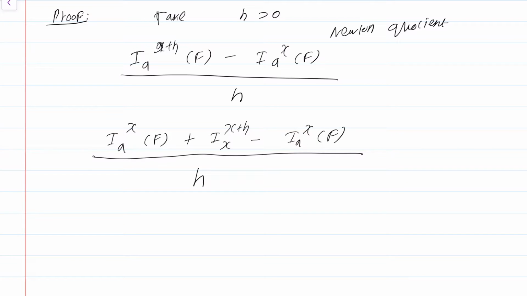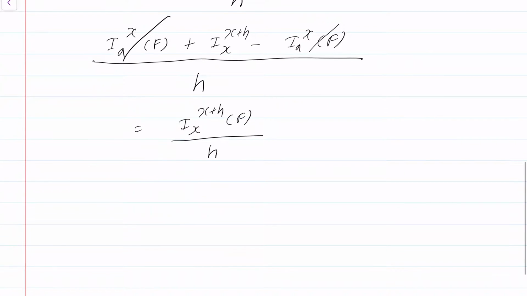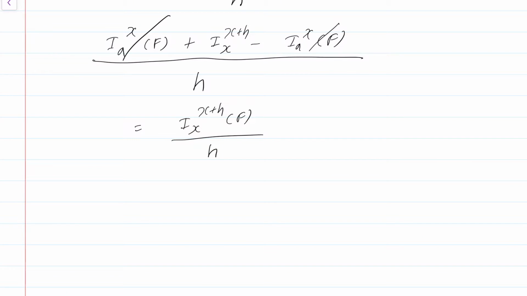And immediately we see that something nice happens. We are left with I_x,x+h of f over h. Now you are understanding why I have taken h greater than 0, so that the proof becomes easier to write down. Exactly similar arguments will hold when h is less than 0.